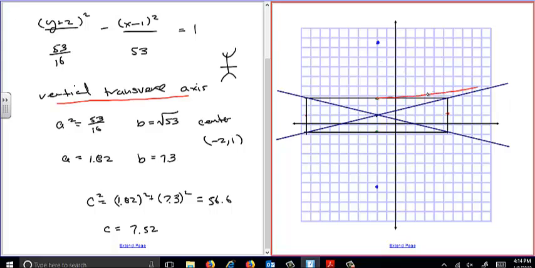It's going to start there at that vertex, and it's going to come over here, do the same thing. Same thing down here. We start at this vertex, we go over horizontally, we do the same thing here. The only thing that would be different, if this were positive and this were negative, is the hyperbola would go over here.